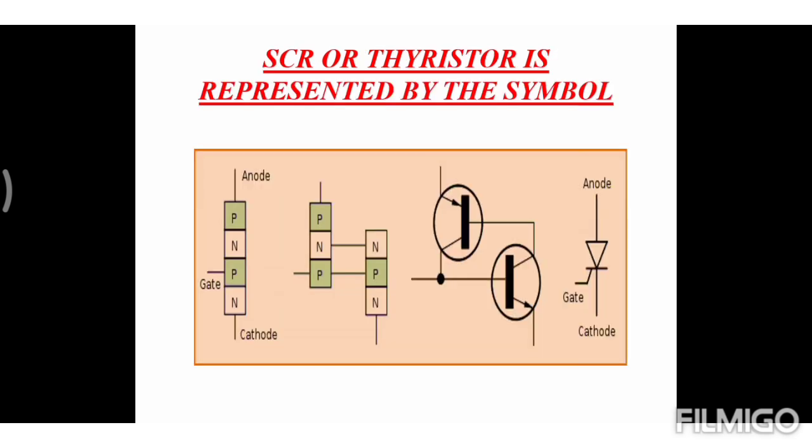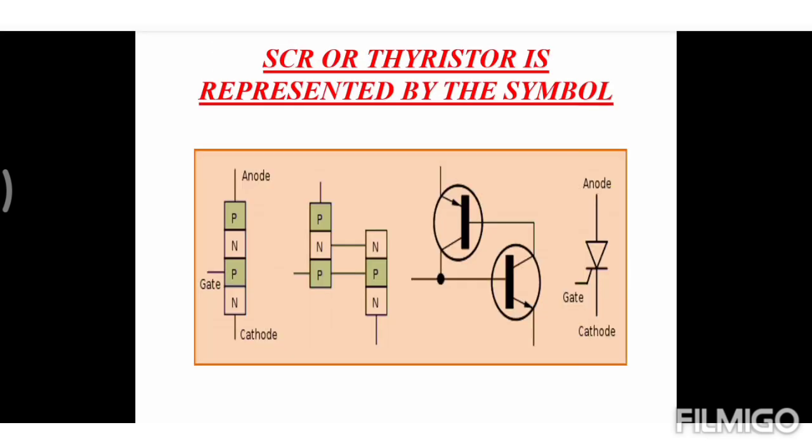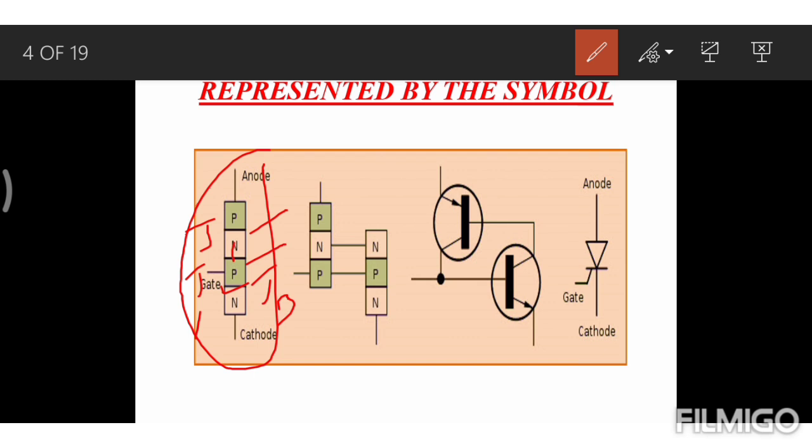See here, this is the basic structure, the general diagram of the SCR representation. This contains totally 4 layers, P, N, P, N, and 3 junctions, J1, J2 and J3. This is J1, this is J2, this is J3.